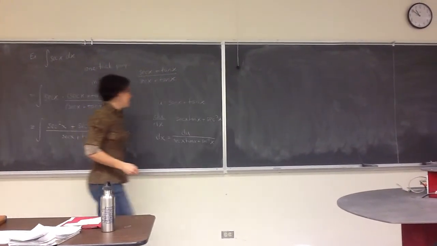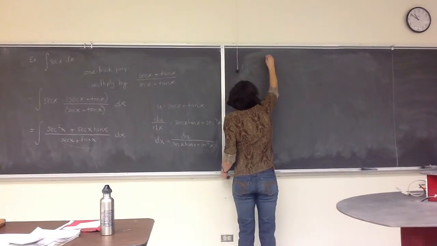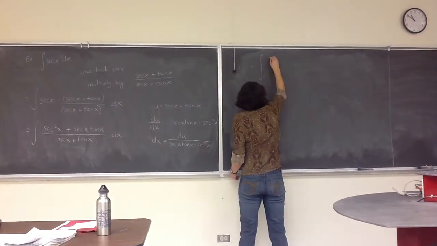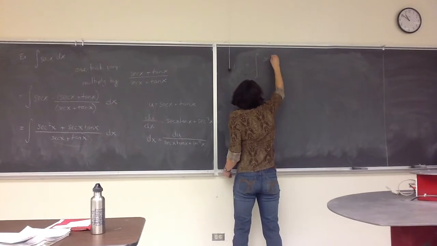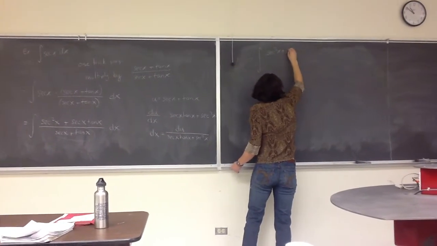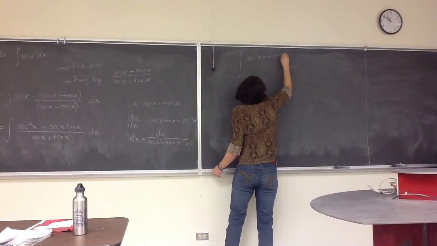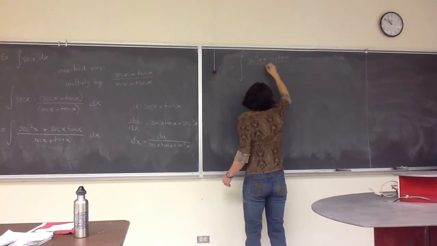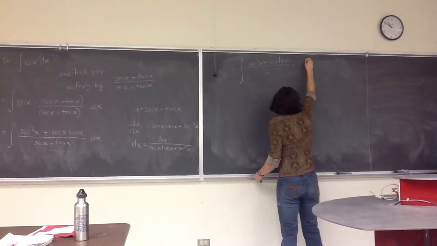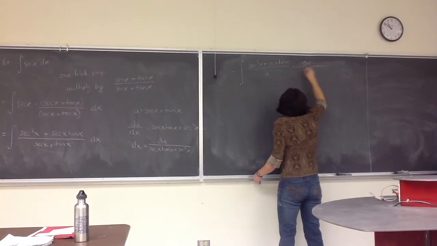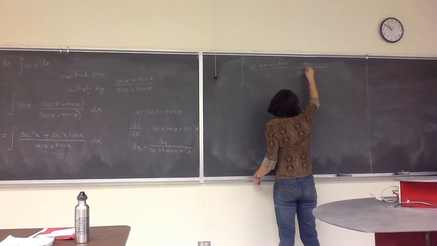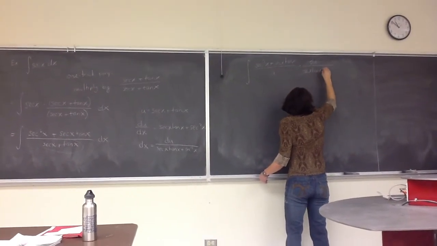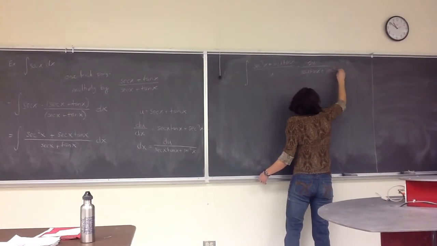Now I can make some substitutions. We've got the antiderivative of secant squared x plus secant x tangent x divided by u times du over secant x tangent x plus secant squared x.